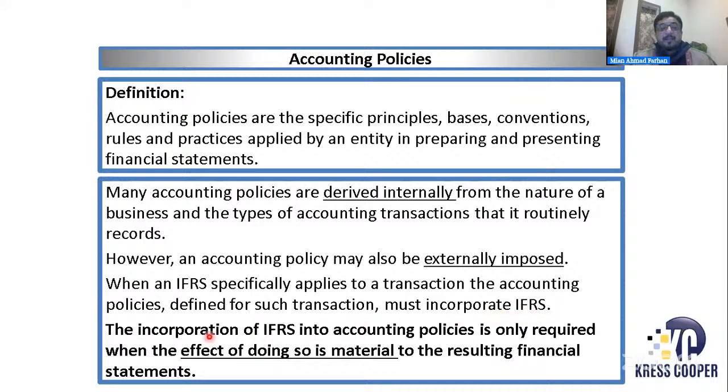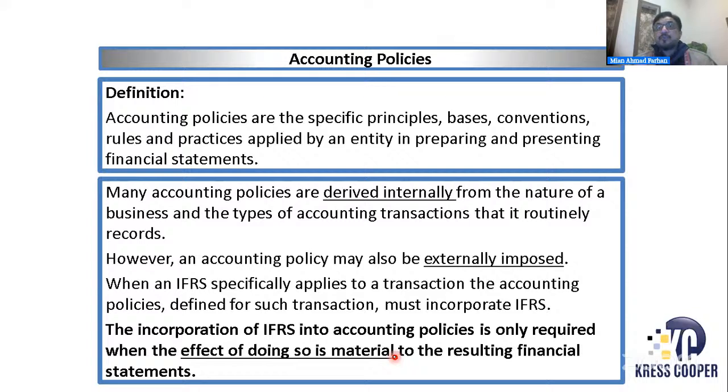The incorporation of IFRS into accounting policy is only required when the effect of doing so is material, remember, to the resulting financial statements. This is a very important sentence which accountants must understand, because the IASB conceptual framework tells us that financial information should carry qualitative characteristics.